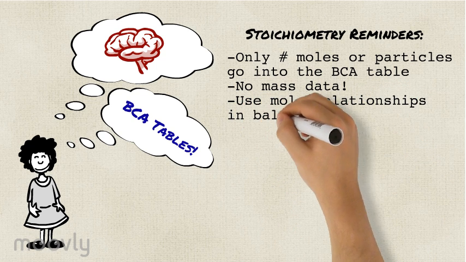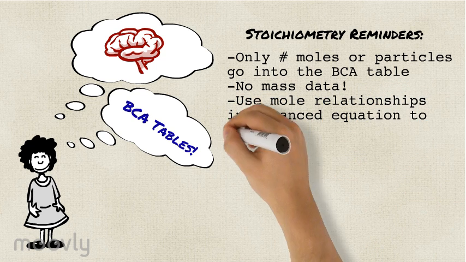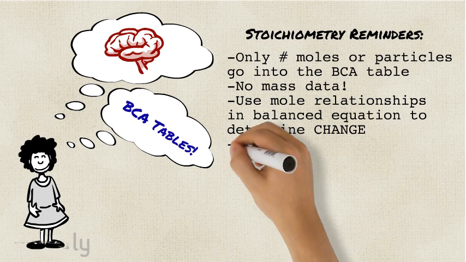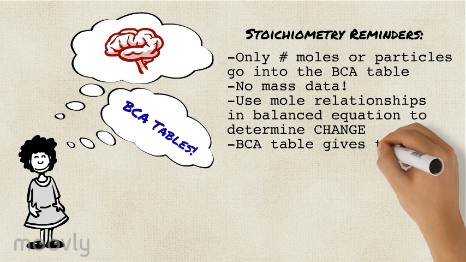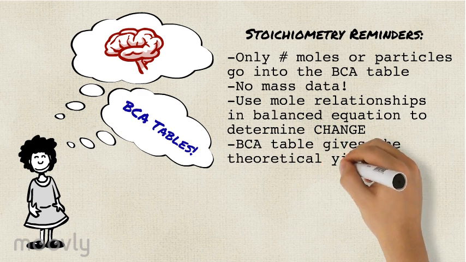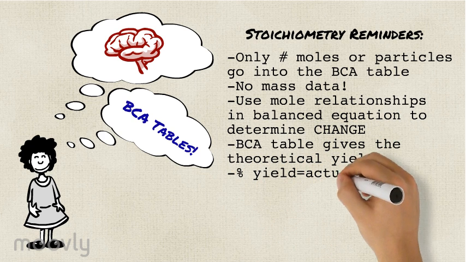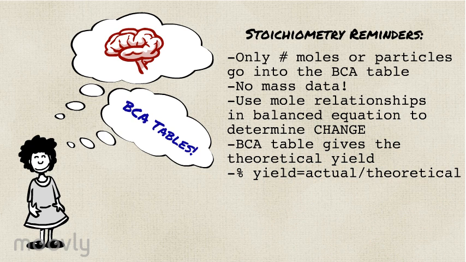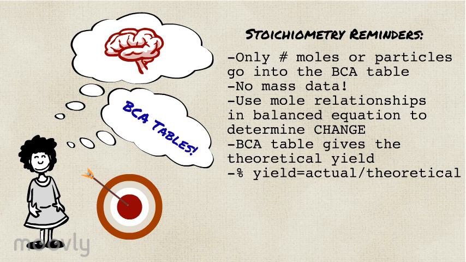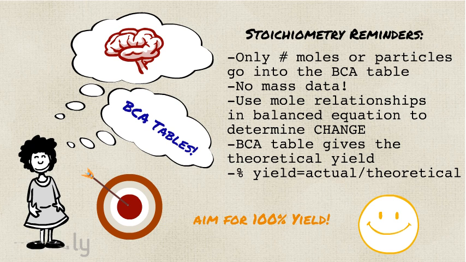So the first step is always to write a balanced equation. Remember that the BCA table gives you the theoretical yield of a product, not the actual yield. To determine the percent yield, you will divide the actual yield by the theoretical yield and multiply the result by 100%. And unless matter is added to the system or leaves the system unintentionally, the total mass should be conserved in accordance with the law of conservation of mass.